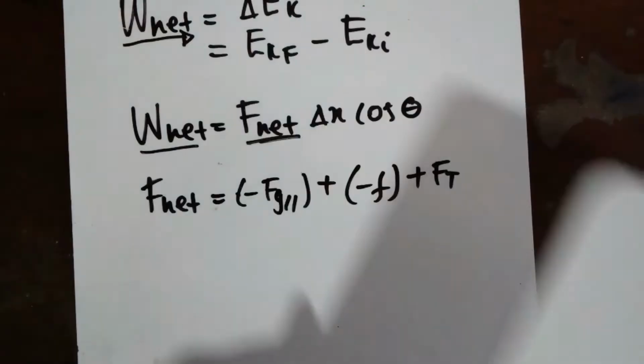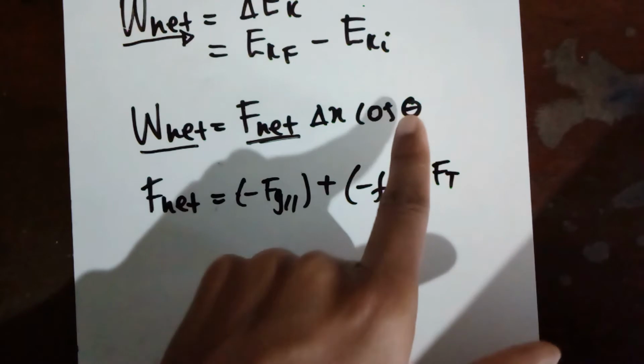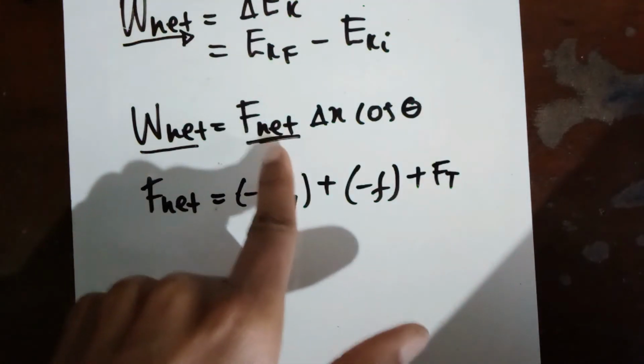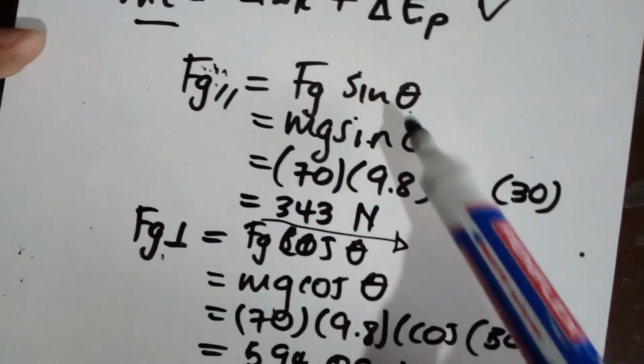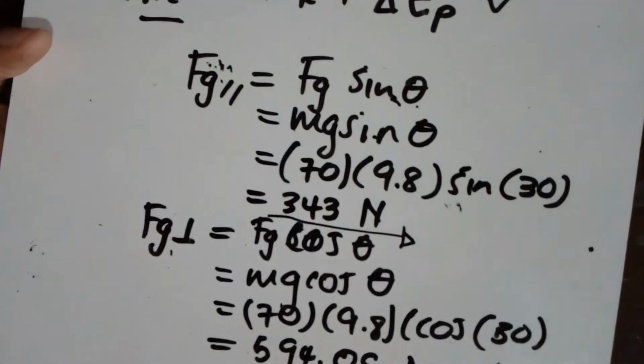Please do not confuse that theta with this theta. They are not the same thing. This theta is the angle between the force we are interested in and the direction of motion, while the other is the angle the incline makes with the horizontal. So always know those two differences.